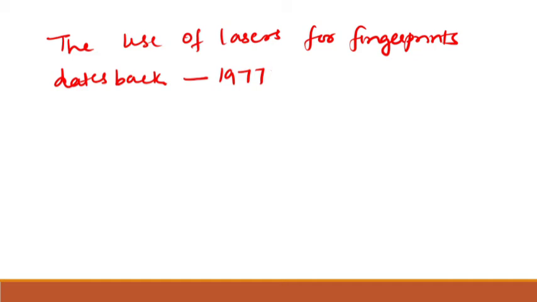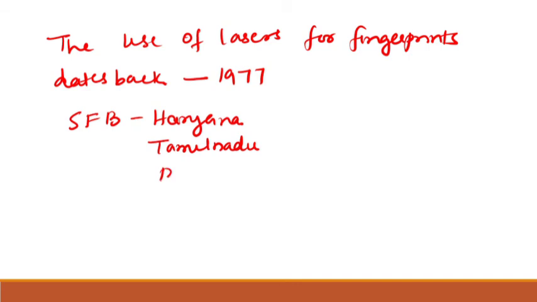Now lasers are used for the development of latent fingerprints in the State Fingerprint Bureaus of Haryana, Tamil Nadu, and Delhi. So the laser equipment is now available in Haryana, Tamil Nadu and Delhi, and it dates back to 1977. So this is about the laser development of fingerprints.